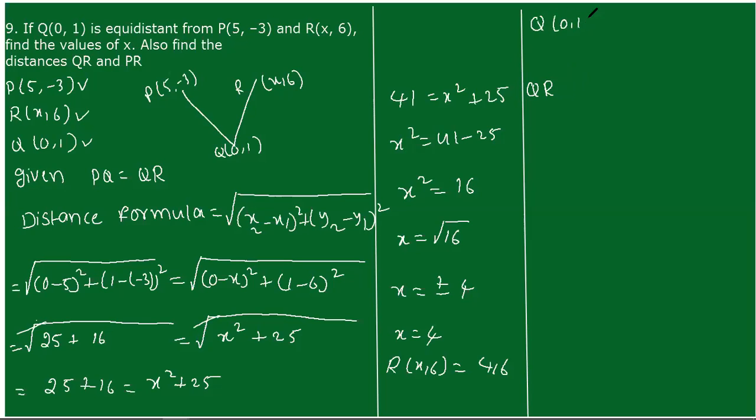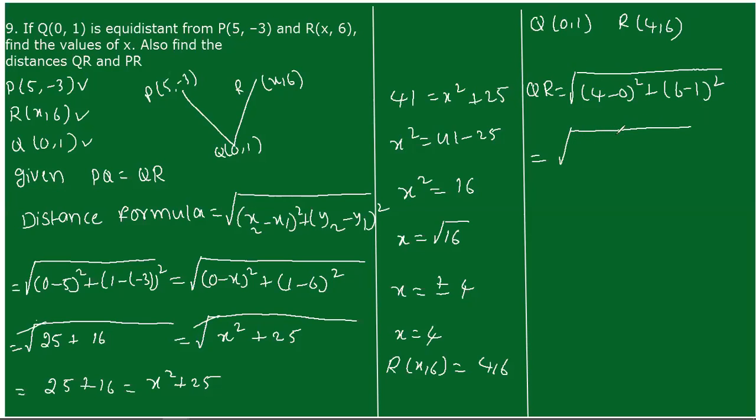Now we have to find these two distances. QR is equal to under root of (4 minus 0) whole square and (6 minus 1) whole square. 4 minus 0 whole square means it is 16, and 6 minus 1 it is 5, means it is 25. So it is 41. Now we found the QR distance.